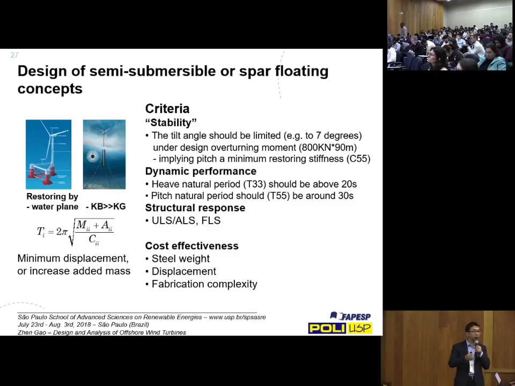Try to reduce the welds in the system. For example, this spar is a very simple structure. But for this semi-submersible, you have to do welding at the connection between the brace and the columns, which is usually costlier than just a single spar. So that is also an important consideration.